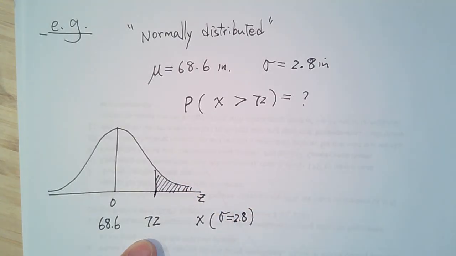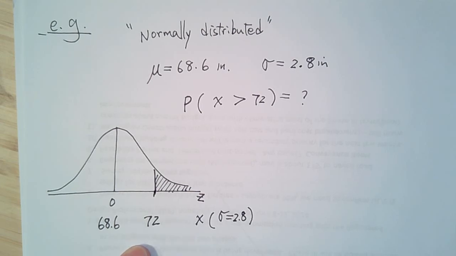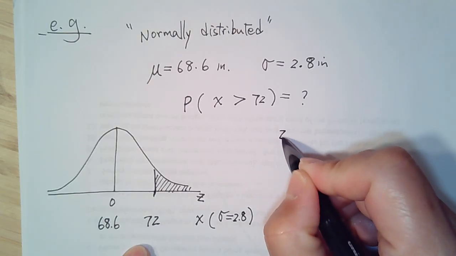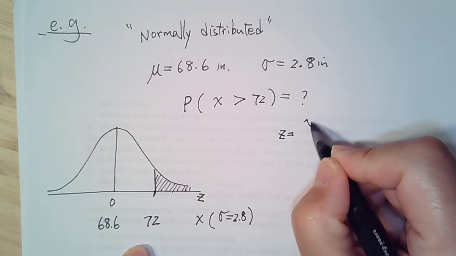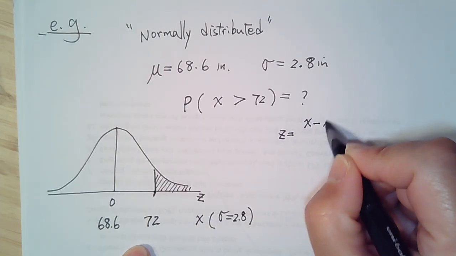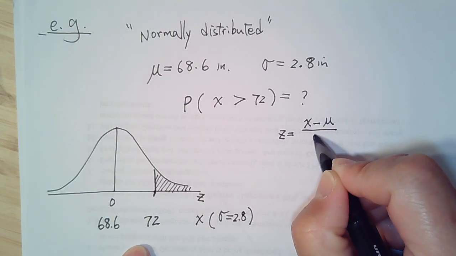Now, did you see something missing? We have to convert, or we have to standardize this distribution. In other words, we need to find the z-score for 72. Remember the formula, z-score for an x, which is x minus mean divided by standard deviation.